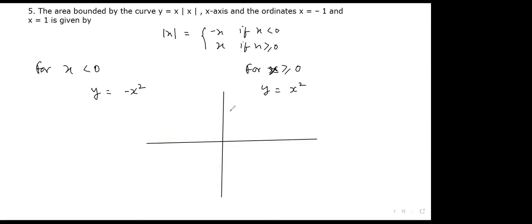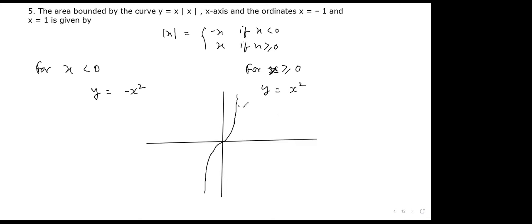So we have y equals x square if we take x positive, and if we take 0 to infinity, it goes like this. And if we take x negative, it will be like this, negative x square, like x cube. But this is not the graph of x cube.